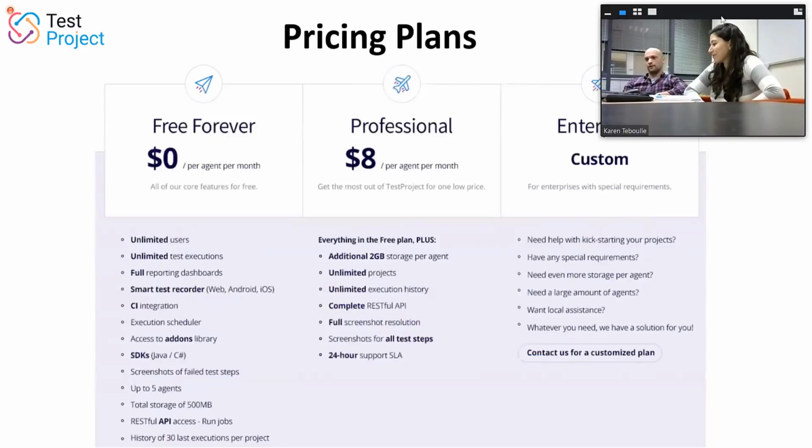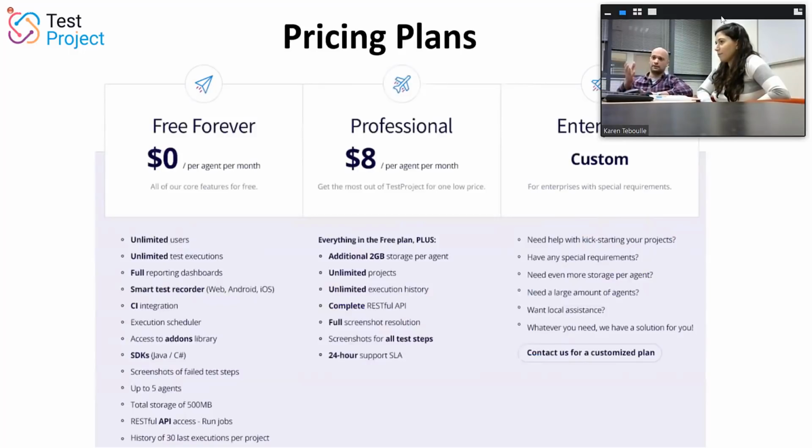Okay. And the free forever option is limiting you to 5 agents, which is quite a lot. But some larger organizations need to have more. And if you need to have more than 5 agents, you will need to pay.